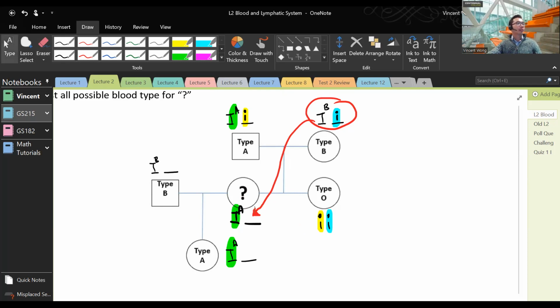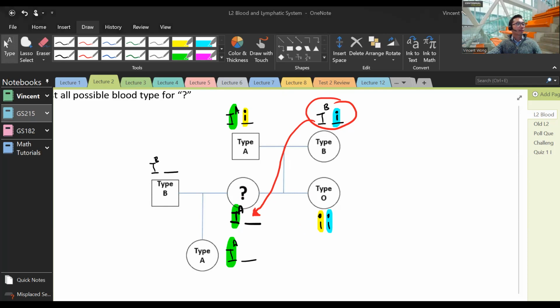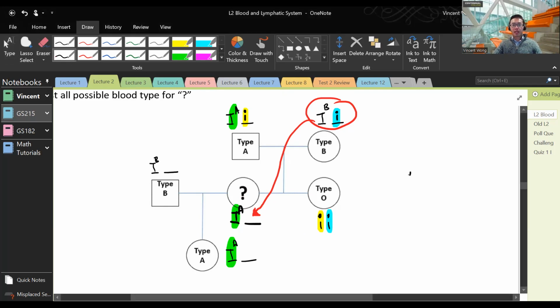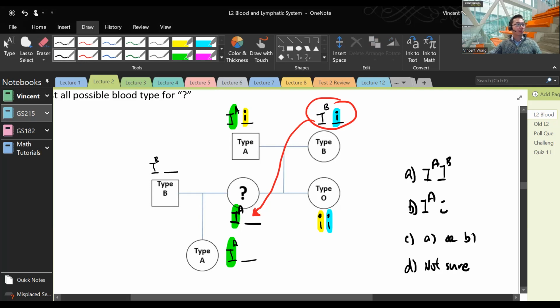Let's run a poll and see. If you think it must be IAIB, choose A. If it must be IA small i, choose B. If you think it's A or B and we don't know for certain, please choose C. If you're just not sure what's going on, you can choose D to let me know as well.